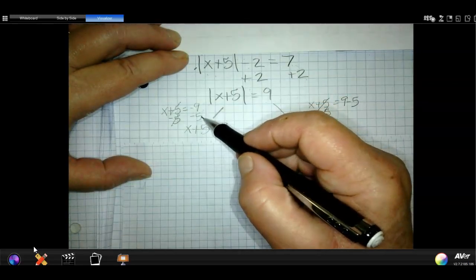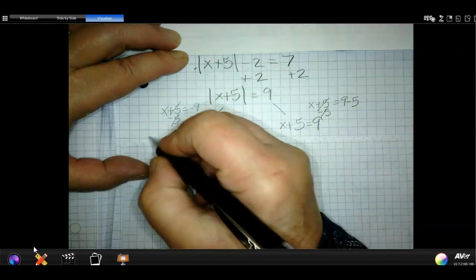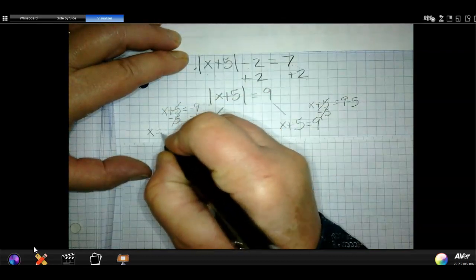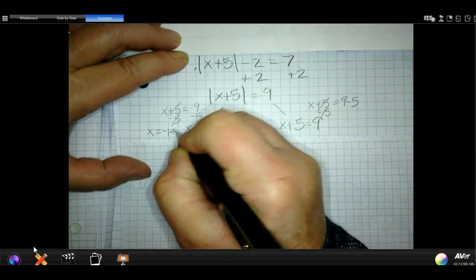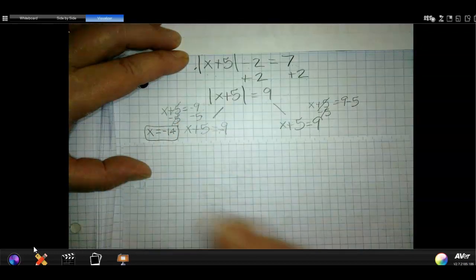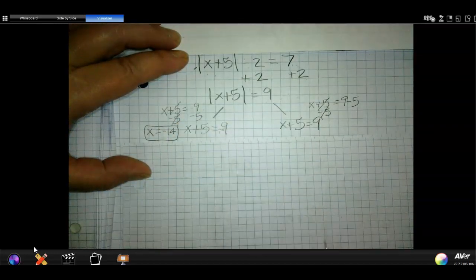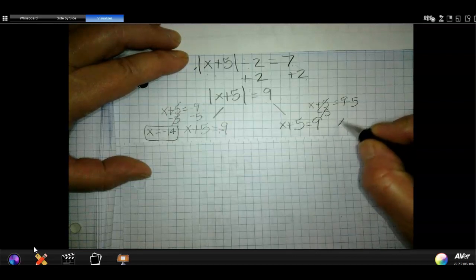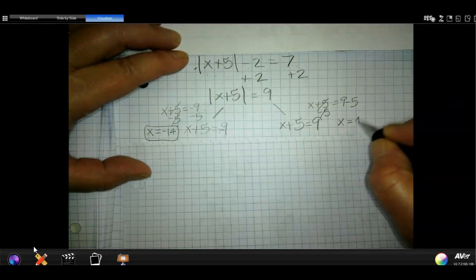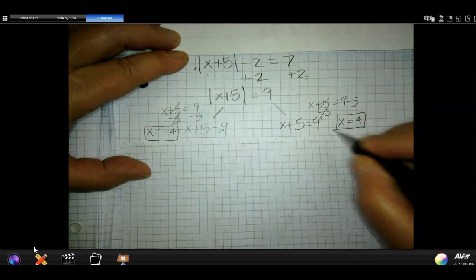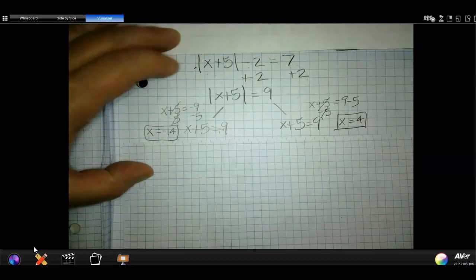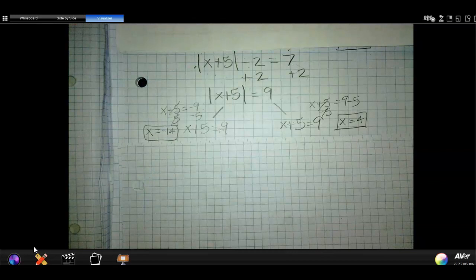Negative 9 minus 5 is negative 14. I hope you remember seeing that solution, x equals negative 14. And here's our other solution. 9 minus 5 equals 4. And likewise, I hope you remember that as a solution. X is also equal to 4. All right? One more level of complexity, and then I want to show you a couple other things.